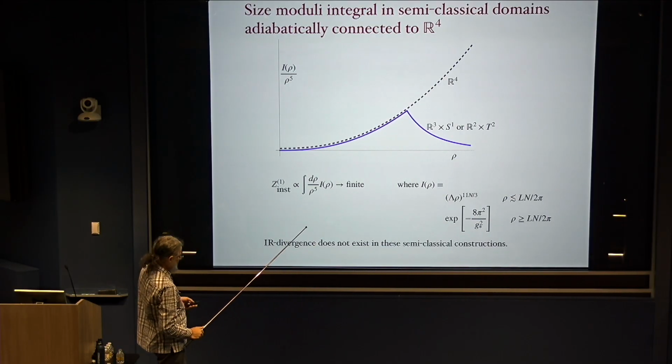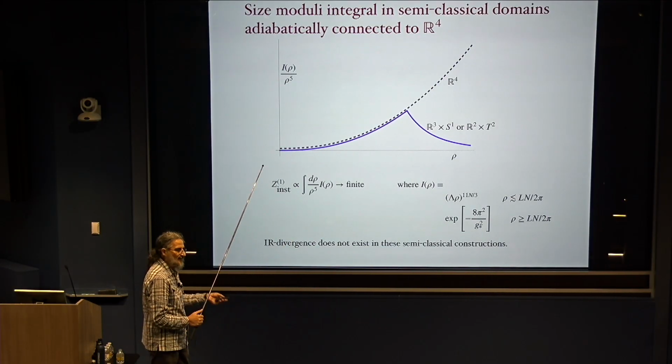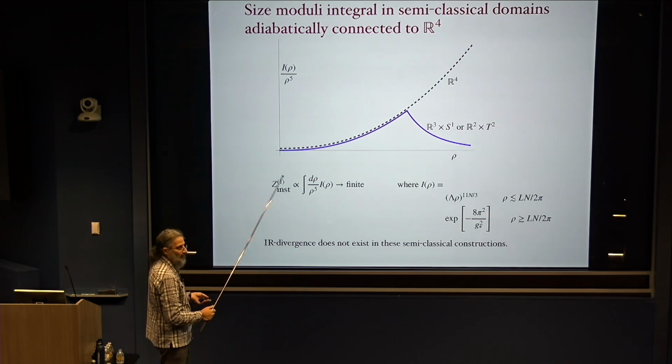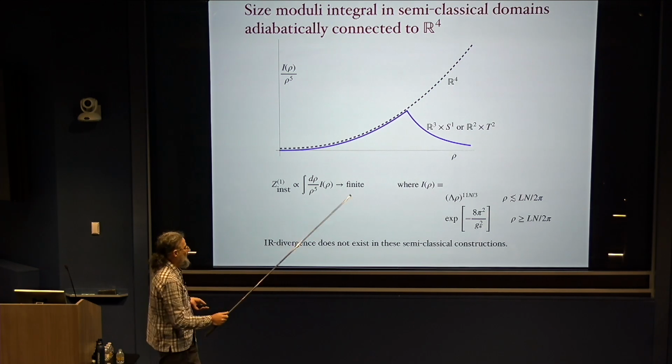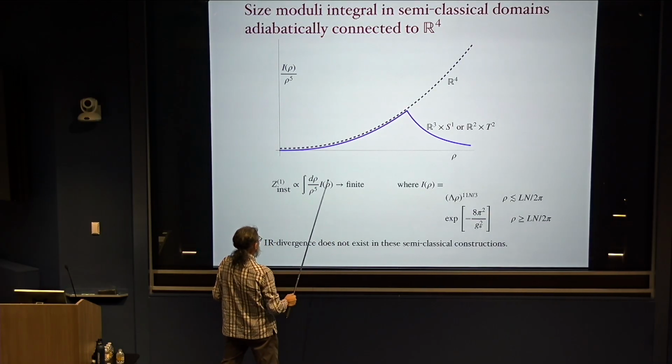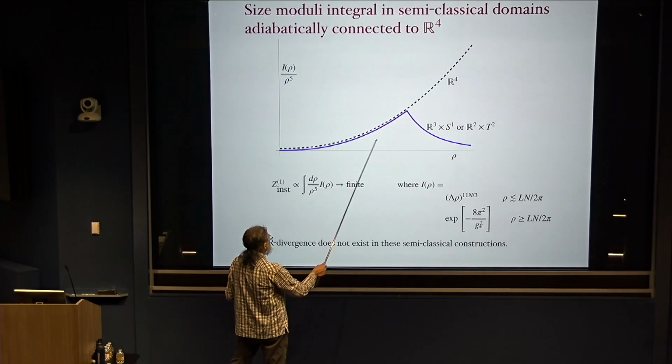But what happens with these semi-classical constructions is essentially the following. If you have a small instanton up to the size of Ln, still this function grows in the same manner.